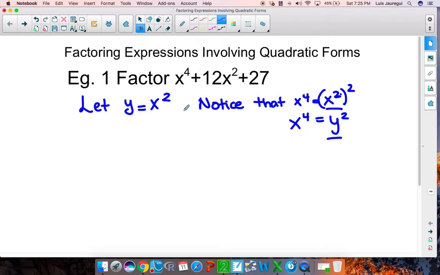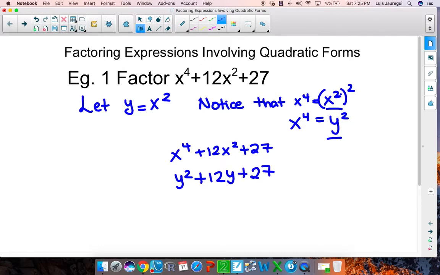Now with that said, we can rewrite x to the fourth plus 12x squared plus 27 by substituting in the y's for the x squares. So we are going to have y squared, since y squared is the same as x to the fourth, plus 12 times y, since x squared is the same as y, plus 27.